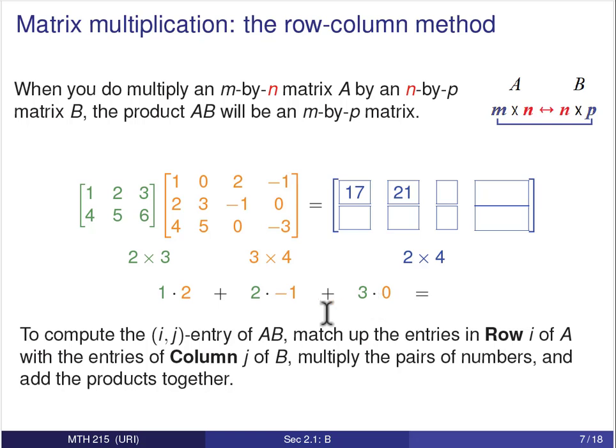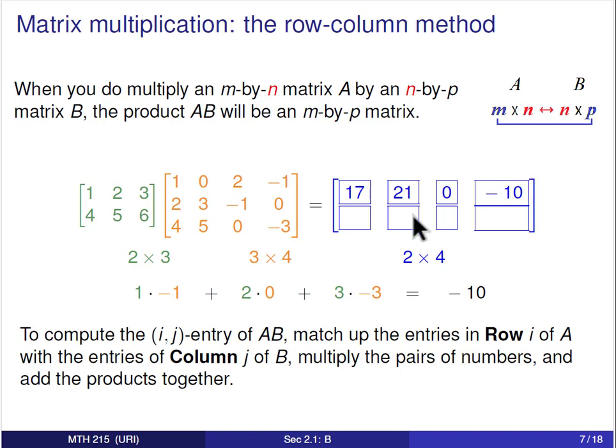And when we do that multiplication, we'll have 2 plus -2 plus 0, which gives us a grand total of 0 for that entry. And finally, row 1, column 4, we'll put 1, 2, 3 together with -1, 0, and -3, and we will add -1 plus 0 plus -9, producing -10.